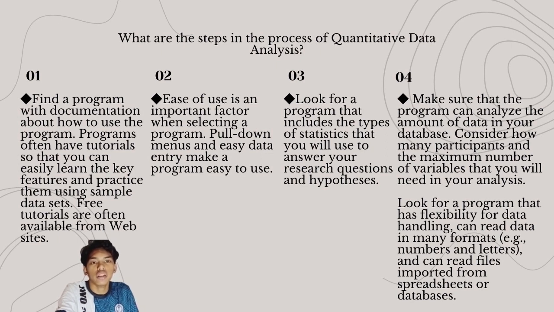Programs with user-friendly interfaces, such as pull-down menus and easy data entry, make it easier for researchers to work with the software. Additionally, researchers should ensure that the chosen program offers the specific types of statistical analysis needed to answer the research question and test hypotheses.